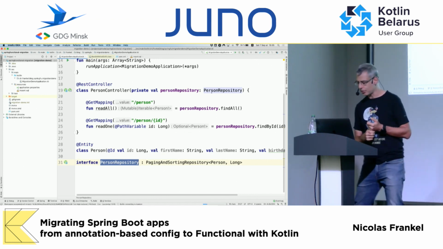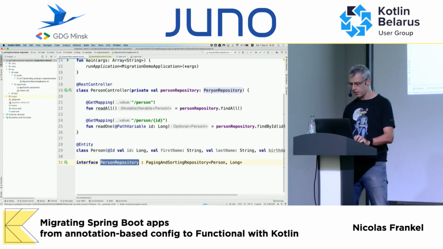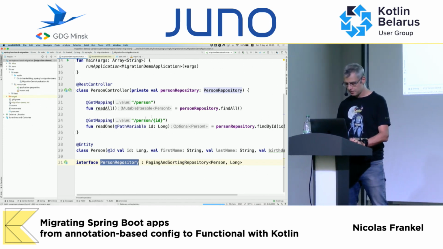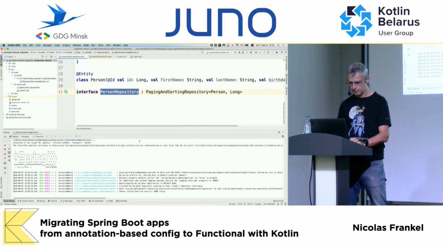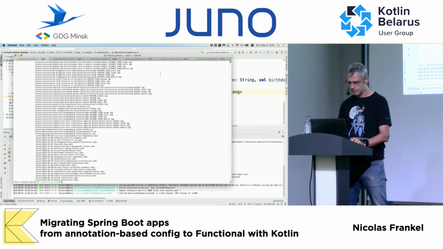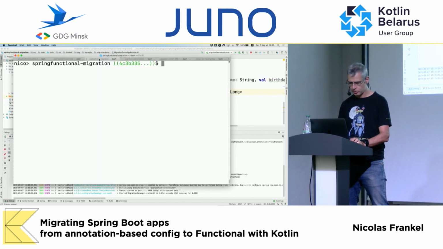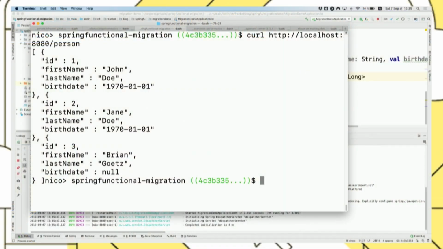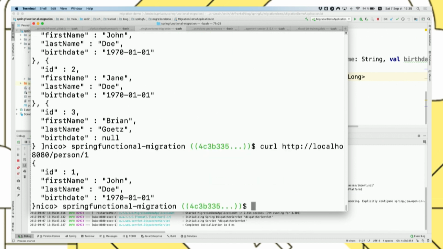So now I will start the project, and you will see how good a developer I still am, because normally it should work. Okay, and now I can go there, and I can curl, and I will have this. And I can curl for one person, and I will have one person.